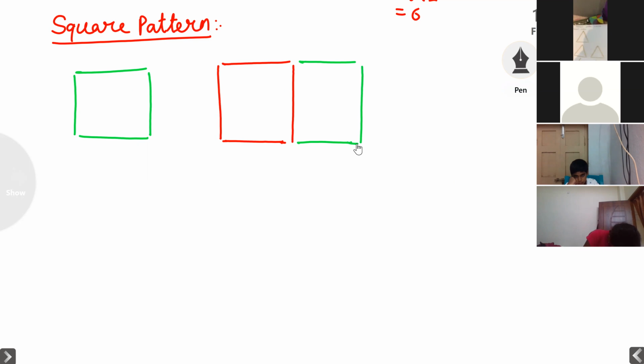If I want to draw 2 squares, how many toothpicks are required? 1 square means 4 toothpicks. Two squares means 1, 2, 3, 4, 5, 6, 7. 7 toothpicks required.